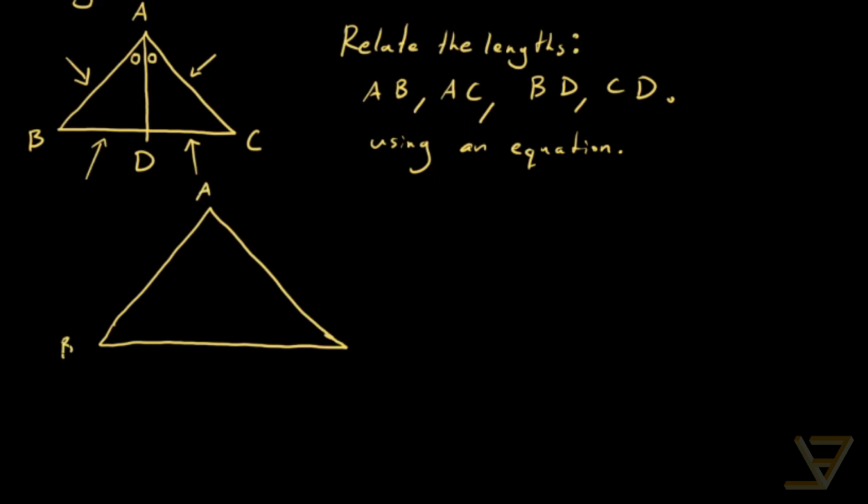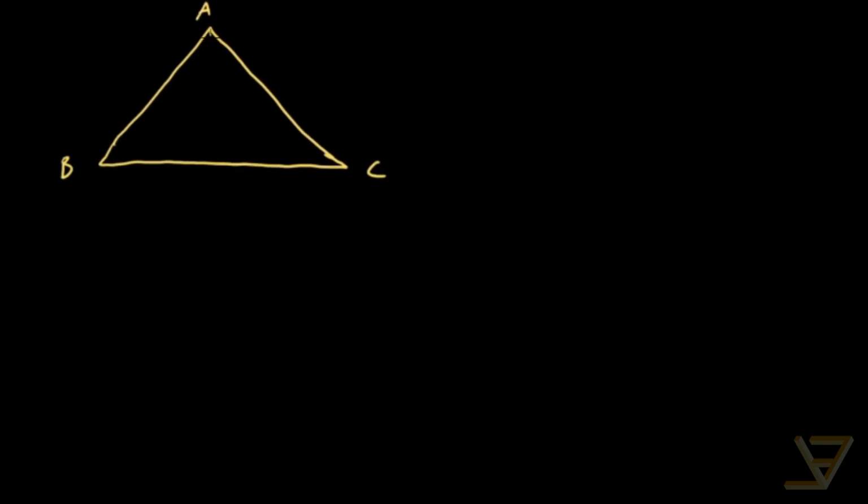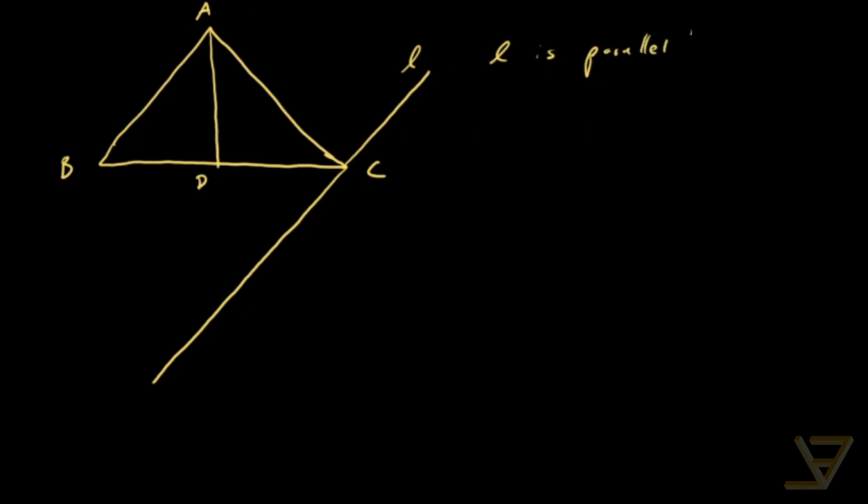Say we've got A, B, and C, and we've got the angle bisector going to D. What we're going to do now is draw a line that is parallel to AB but goes through C. So we'll call it L. L is parallel to AB and goes through C.